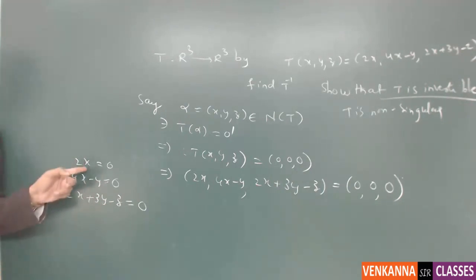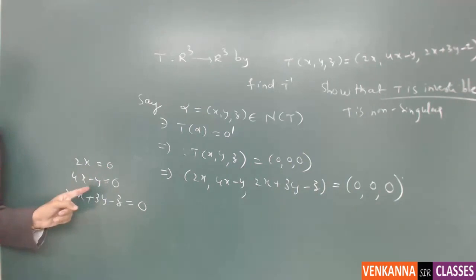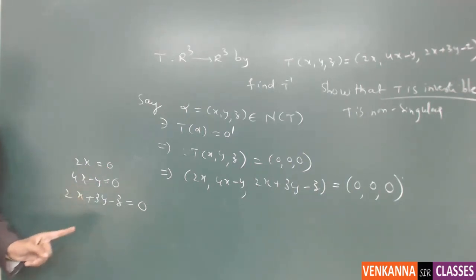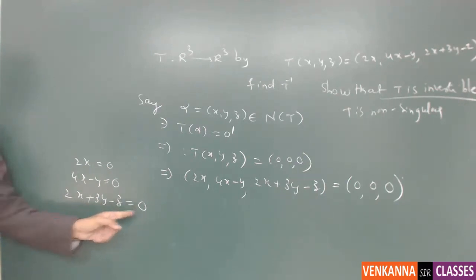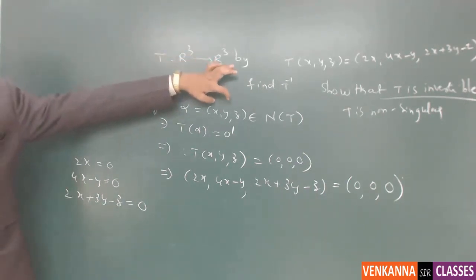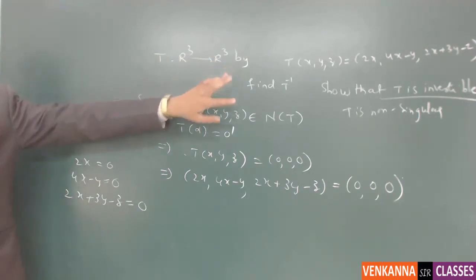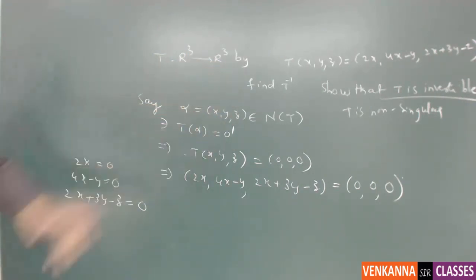From the first equation, we say that x is 0. If you substitute x here, you can say y is 0. Substituting x and y as 0 here, z is 0. So if you take any 3D vector (x, y, z) in the null space, it becomes 0.